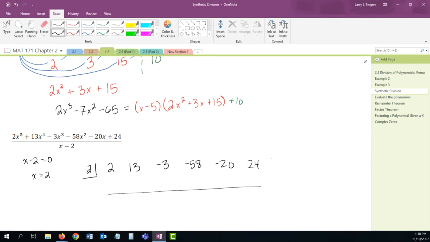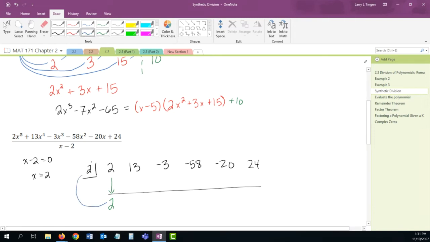All right, so now synthetic division, step 1. Bring down whatever that first coefficient is, because that's going to be the coefficient that begins the quotient. All right, so bring the 2 down, and then we play the game.